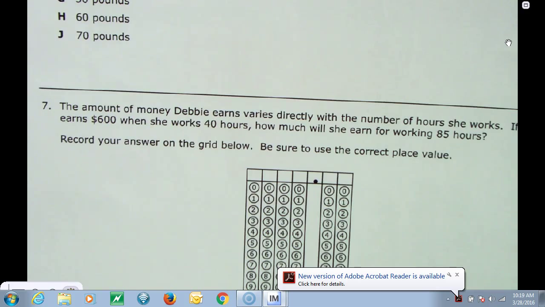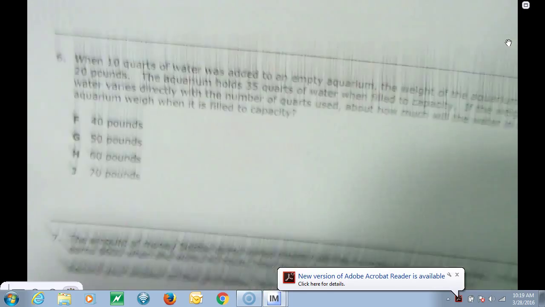How much will she earn for 85 hours? Go get your answer. Good. What's she going to earn? Good, good, good.